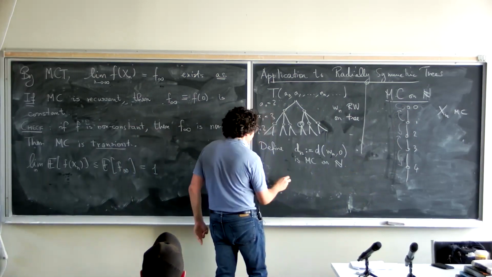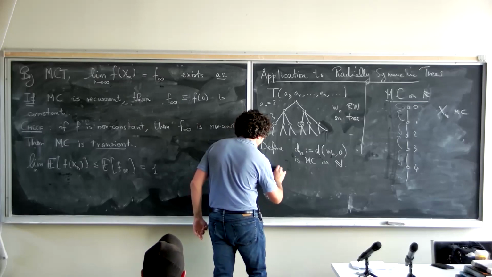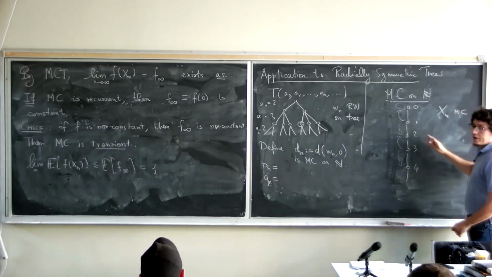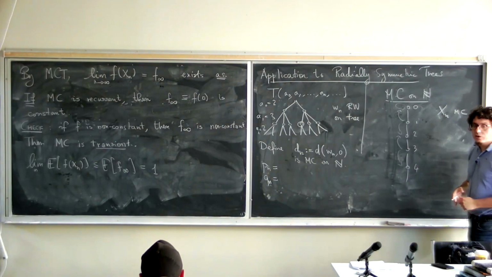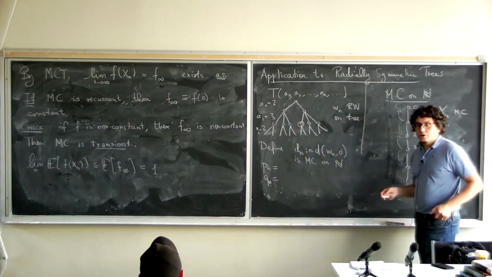So what is Pn and Qn? Well, if you remember in the previous model, Pn is the probability of going forward, and Qn is the probability of going backward, right? So you see how many children there are here.